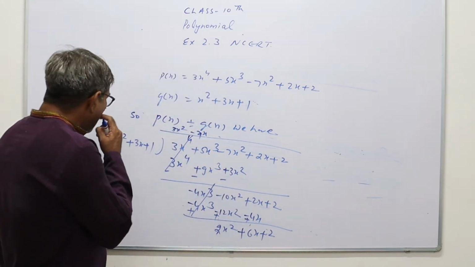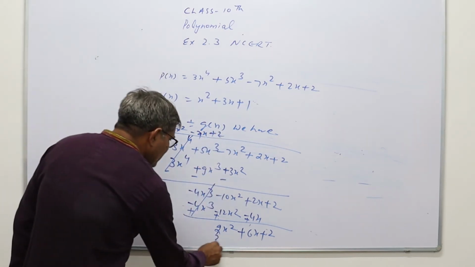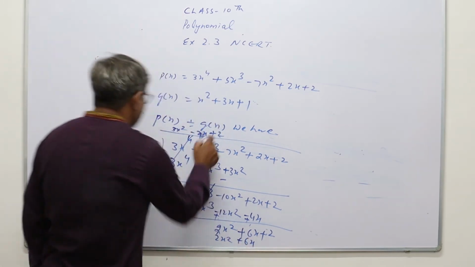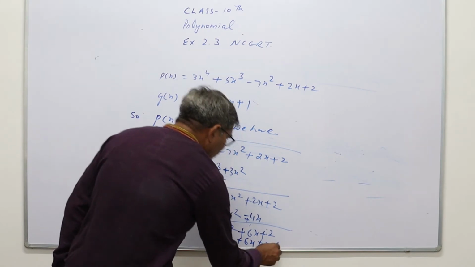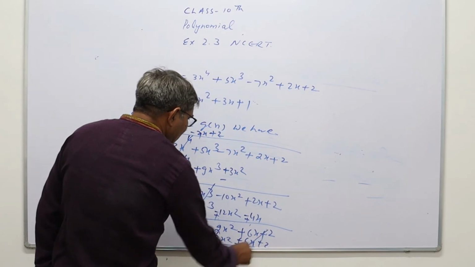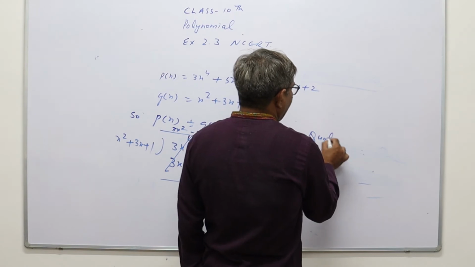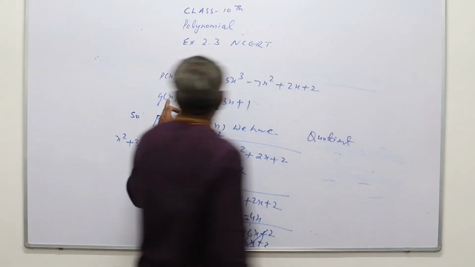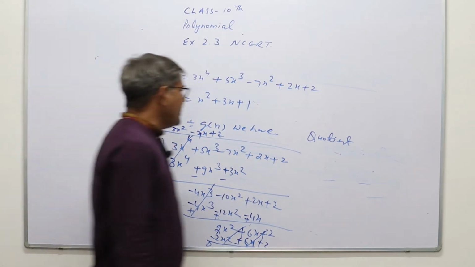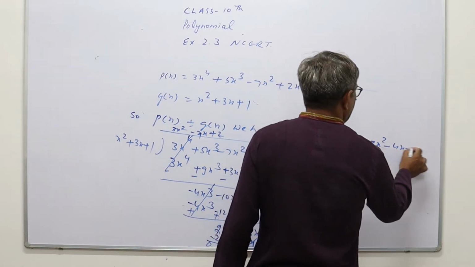So if we multiply by plus 2, then 2 into x square, that is 2x square, 2 into 3x, that is plus 6x, then 2 into 1, that is plus 2. So on subtracting, the remainder will be 0, all terms will vanish. So here the remainder is 0, therefore the given polynomial g(x) is a factor of the given p(x), and the quotient is 3x square minus 4x plus 2.